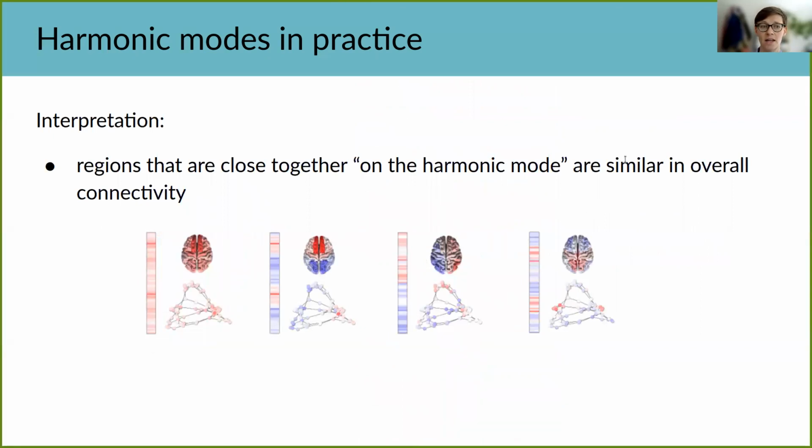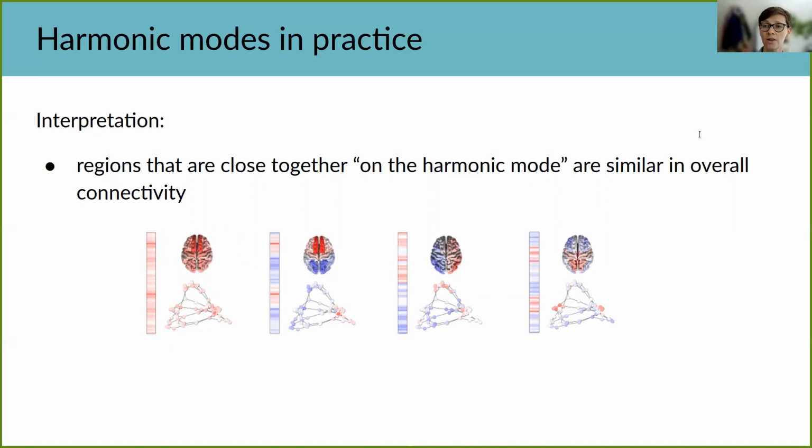You see that even though we took a binary matrix, the result is continuous. So the magnitude of the entries in these vectors doesn't really have a meaning. They are eigenvectors, so they're normalized to length 1, and even the polarity is arbitrary. So everything that's red here could be blue and the other way around.